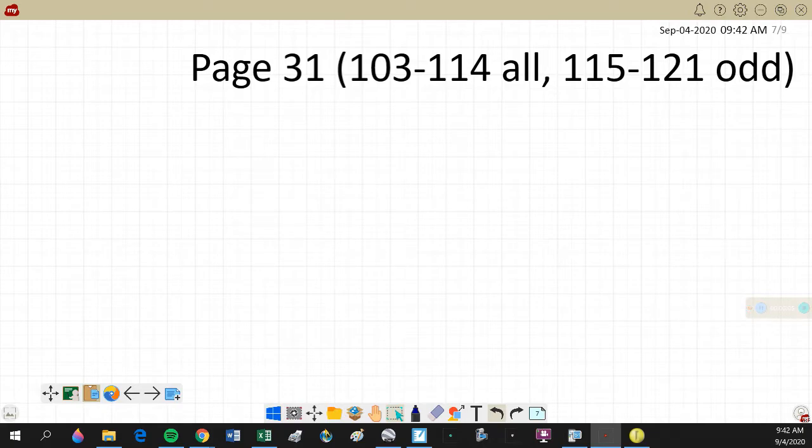So, we're going to do this small assignment. It shouldn't take us very long. At the end of every section, there is a set that has true or false, catch the mistake, and some other problems. So, looking at number 103, what mistake did they make?